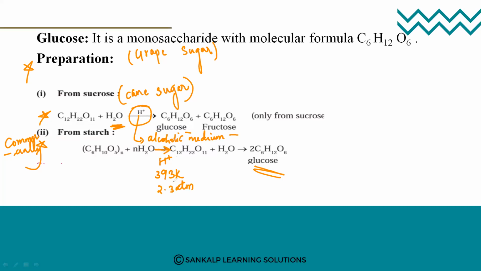So commercially you can prepare glucose on a large scale by acid hydrolysis of starch. So these are the two important preparations of glucose.